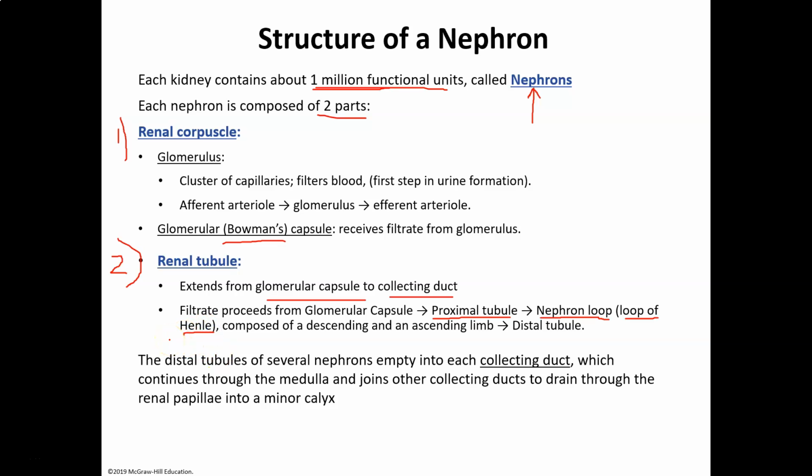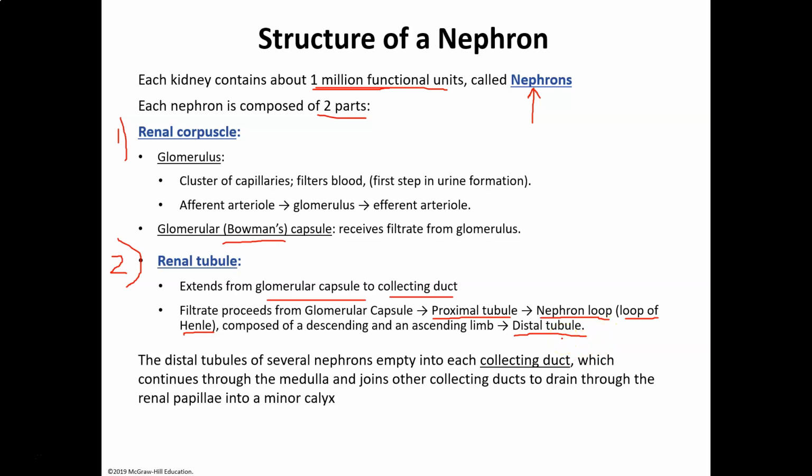As I've mentioned to you, we're trying to get away from naming anatomical structures after the scientists or the doctors who discovered them. So Henle must have discovered this thing. We're now referring to it as the nephron loop rather than the loop of Henle. And then, after that, is the distal tubule, or distal convoluted tubule. So the renal tubule is composed of the proximal tubule first, the next part is called the nephron loop, and the last part is called the distal tubule.